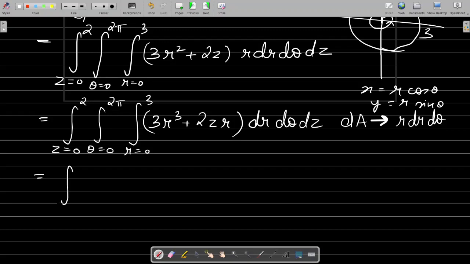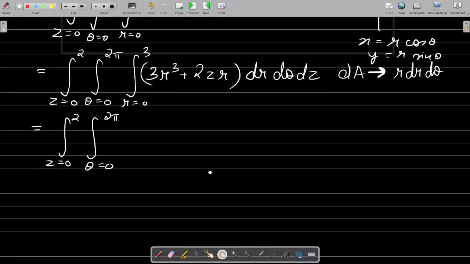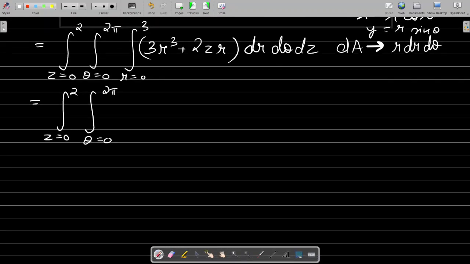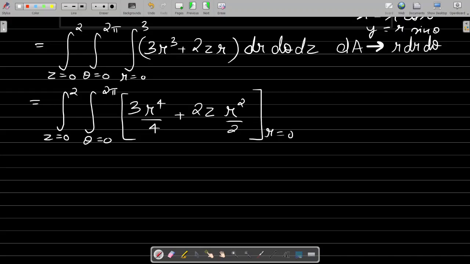The integral is 3 times r to the 4 by 4 plus 2z times r squared by 2, within the limits r equals 0 to 3, d theta dz.